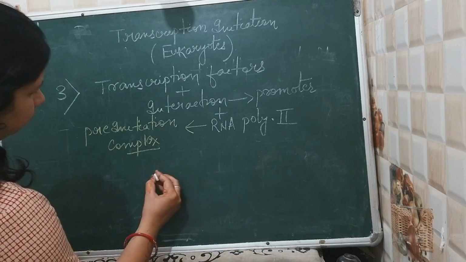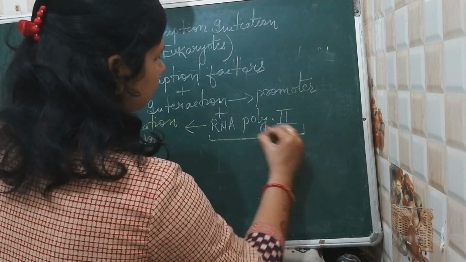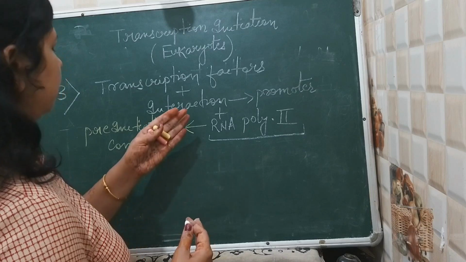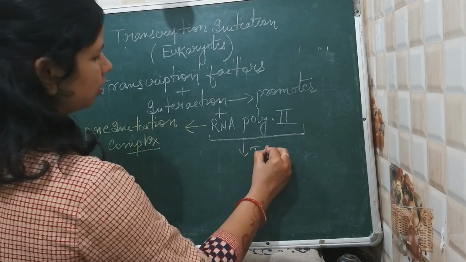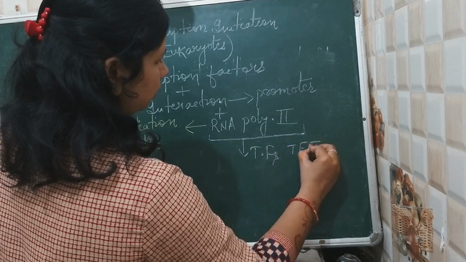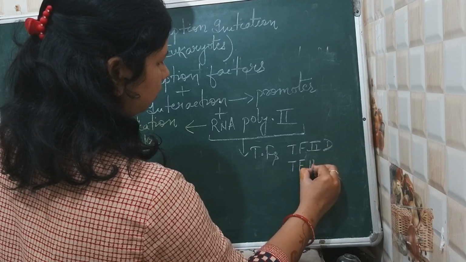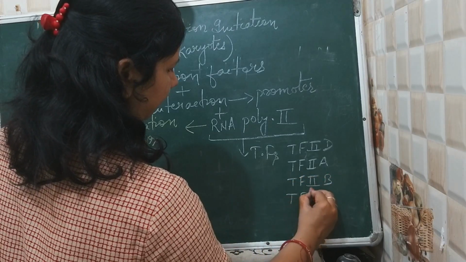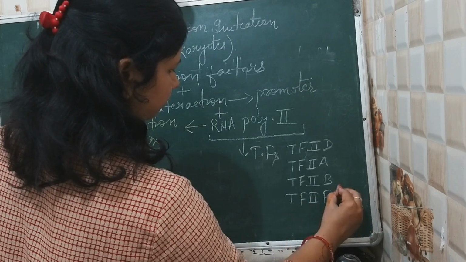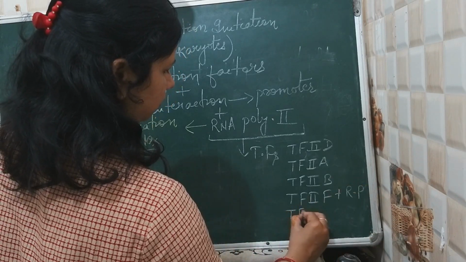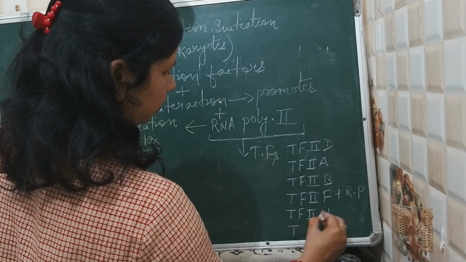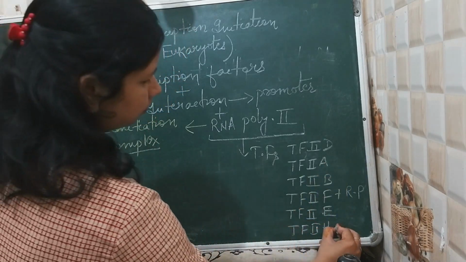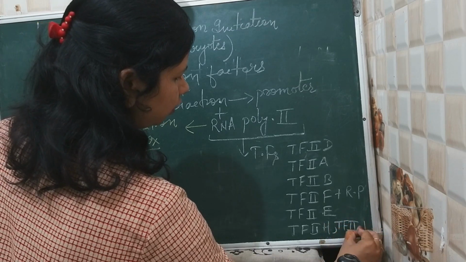Because I have already told that RNA polymerase 2, unlike prokaryotic RNA polymerase, always requires the help of various transcription factors such as TF2D, TF2A, TF2B, TF2F, TF2E, TF2H and TF2J.